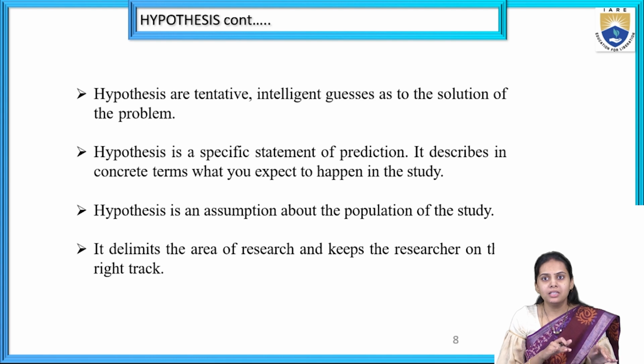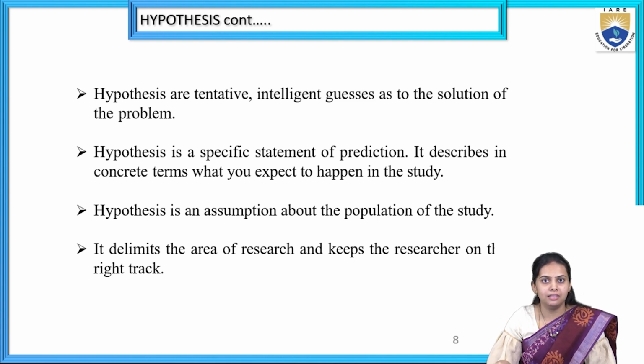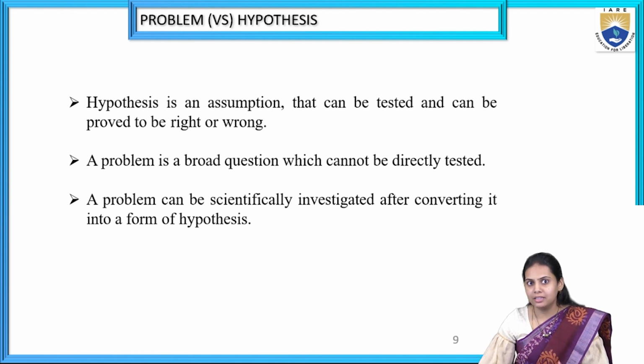So the hypothesis is an assumption about the population of the study. It delimits the area of research and keeps the researcher on the right track. And what are the problem and the hypothesis separately?